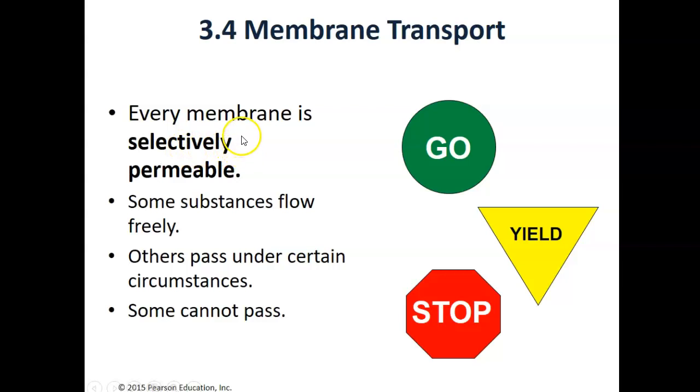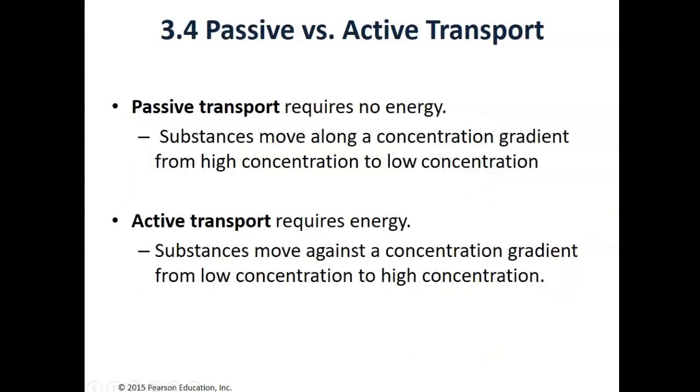So the membrane has a characteristic of selective permeability. It will allow certain material to go free and certain material to pass under certain conditions, or some molecules cannot pass at all.